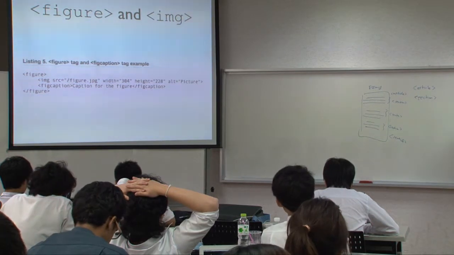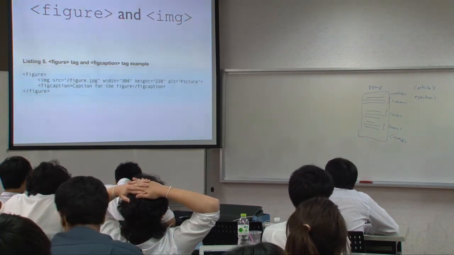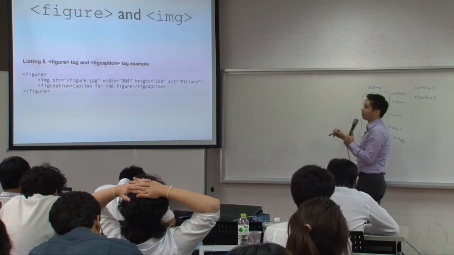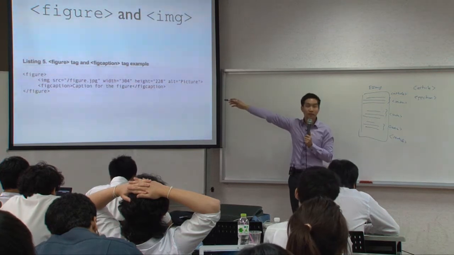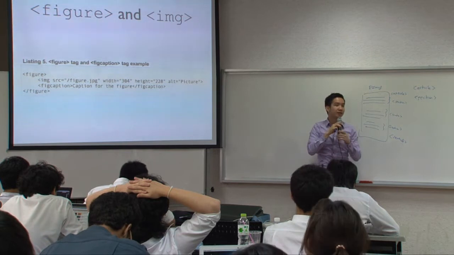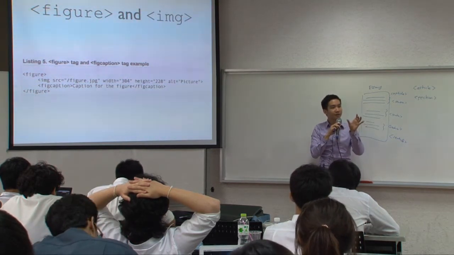It's actually not right underneath, I'm sorry. You want to say that this caption goes with that image, and it's up to the designer to decide where to place that caption.